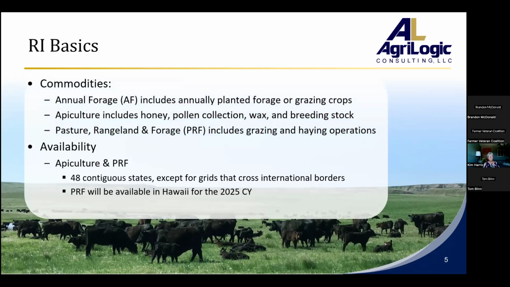Availability: apiculture and pasture, rangeland, forage are available in the 48 contiguous states, with some exception of some grids that cross international borders. And for the 2025 crop year, PRF is now going to be made available in Hawaii. They're rolling that out. Annual forage is only covered in the middle strip of the United States: Colorado, Kansas, Nebraska, New Mexico, North Dakota, Oklahoma, South Dakota, and Texas.